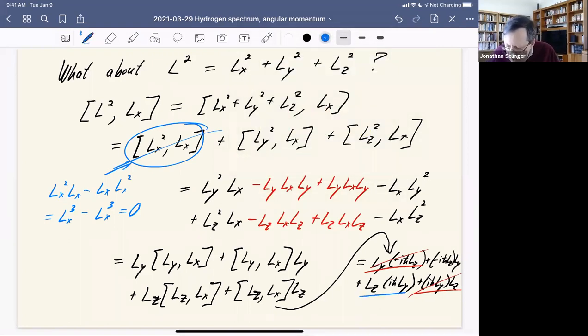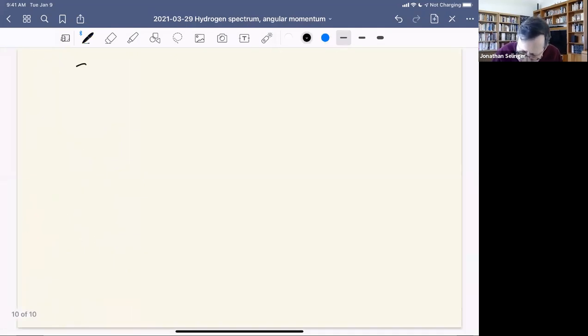It's i h bar Lz Ly, and the second term is negative i h bar Lz Ly. So those terms cancel each other, and all of this equals 0. So that argument shows us that the commutator of L squared with Lx equals 0.